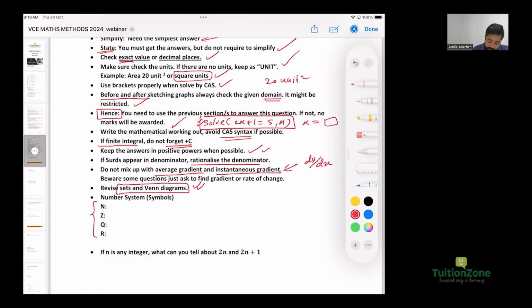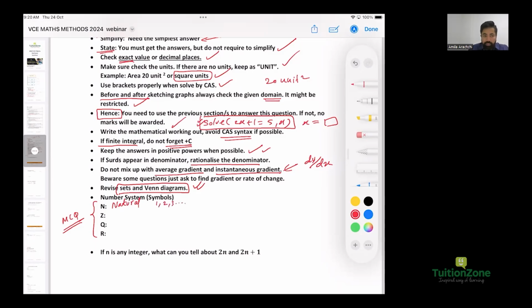Now, number systems. This is very important, mainly for the multiple choice questions, and some answers are very similar looking. The only difference is they say x is an element of N, x is Z, x is Q. So what does N mean? Anyone? If you know it, you can tell me. N means the natural numbers, which are all the positive whole numbers, starting from 1, 2, 3, all the way.